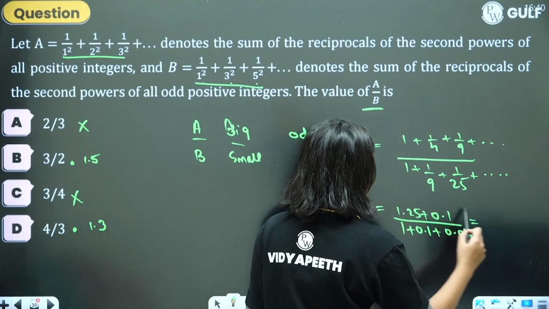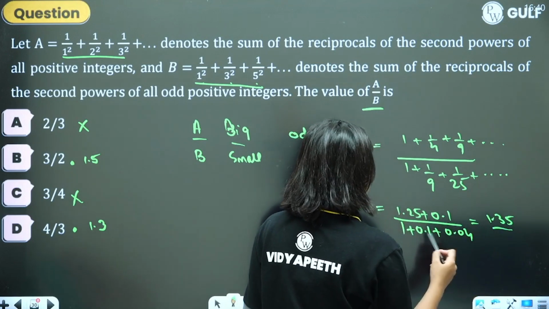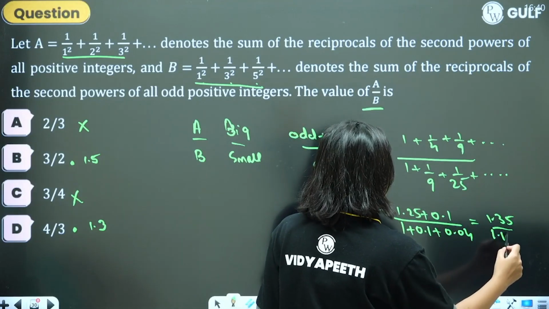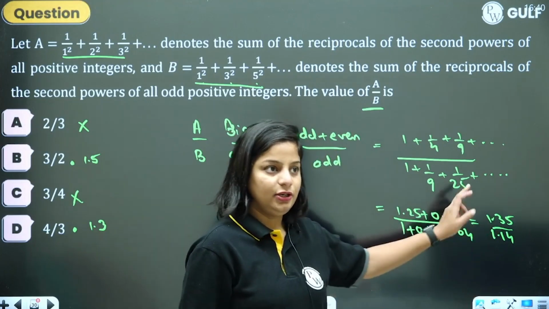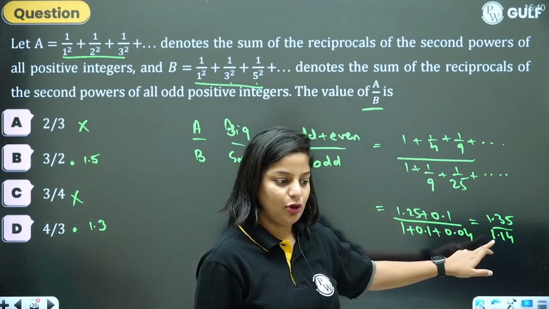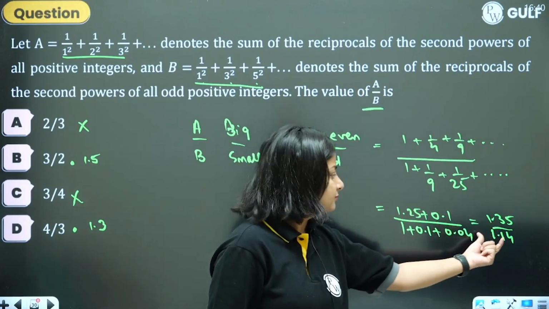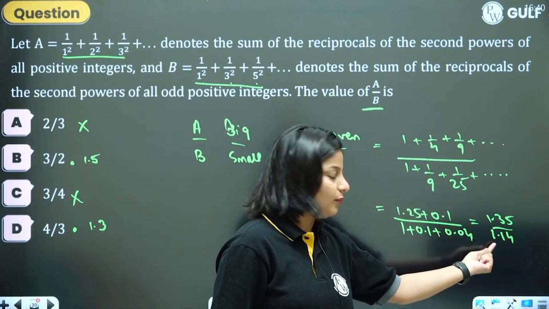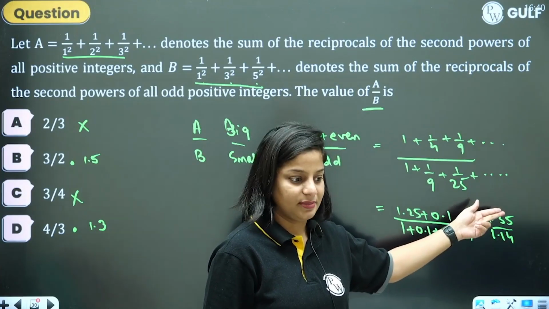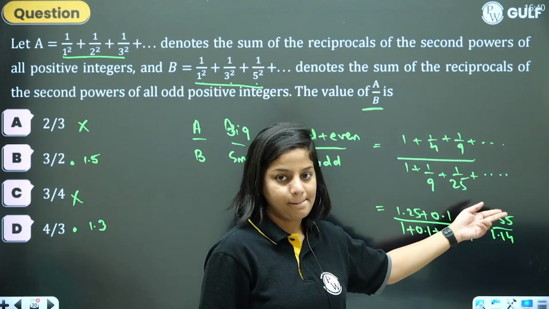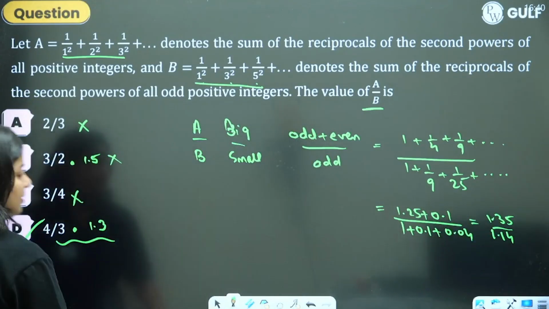If you calculate, it's 1.25, 1.35 upon, this is purely a rough estimate, 1.14. Do you think that the numerator is 1.5 times the denominator? No, it's slightly more than 1 time. Denominator 1.14, slightly more than 1 time, not exactly 1.5 times. So that's why 1.5 will be out and 1.3 is in.